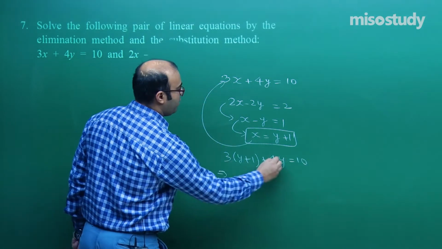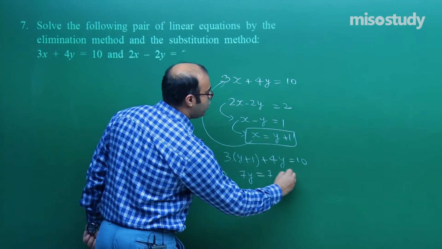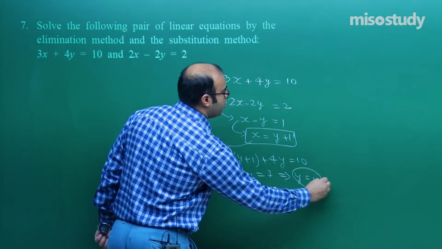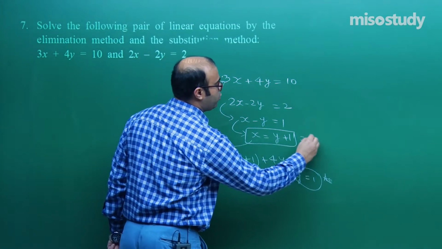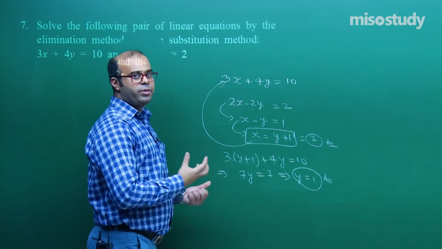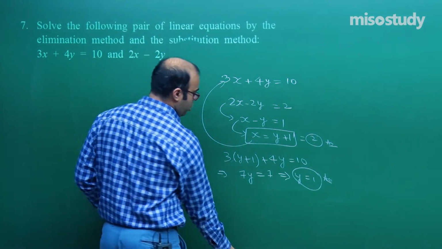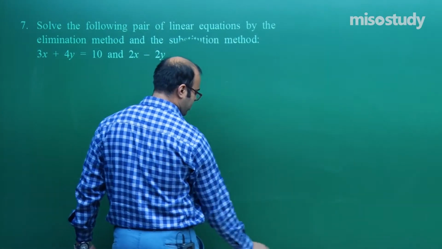This will become 3y plus 4y, 7y, and 3 will go there, 10 minus 3 will be 7. So y is equal to 1. If you put y is equal to 1 here, you will get 2. This is the value of x. So here also we are getting (2, 1) by substitution, as by elimination. So we can use any method, substitution or elimination, we will get the same answer.